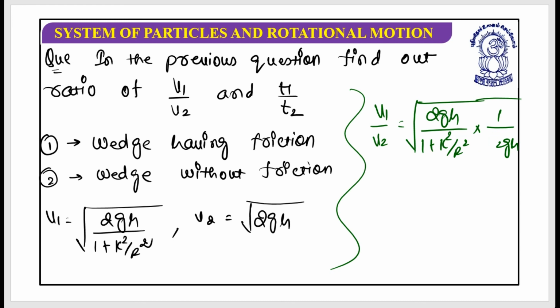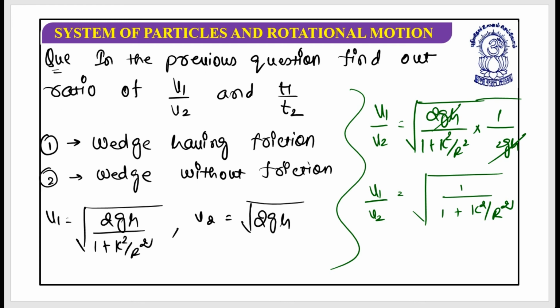I hope this is clear. So this and this cancel. This equals under root of 1 by 1 plus k square by r square, which is v1 is to v2. Have you done this? Are you sure? Can it be done?